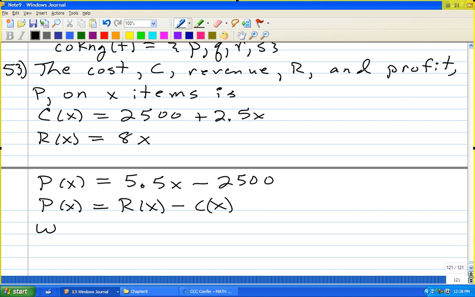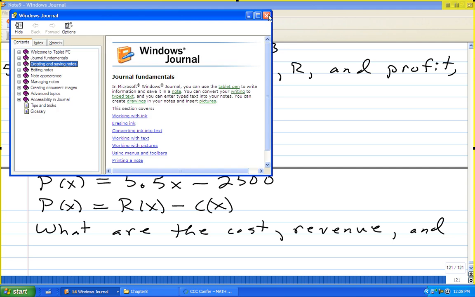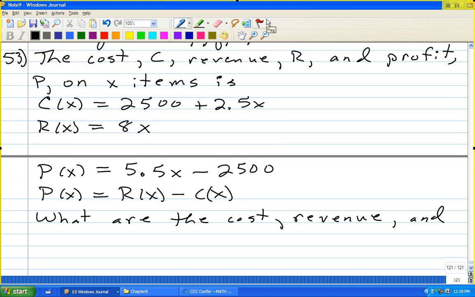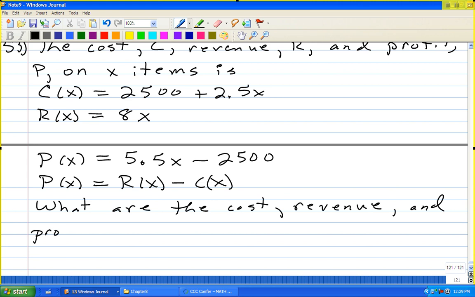What are the cost, revenue, and profit if the company produces 15,000 items?